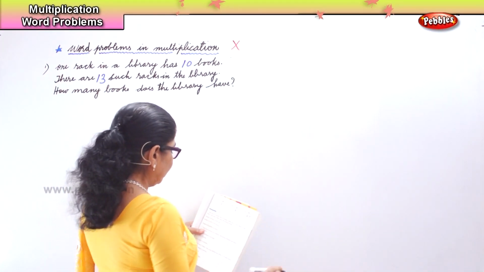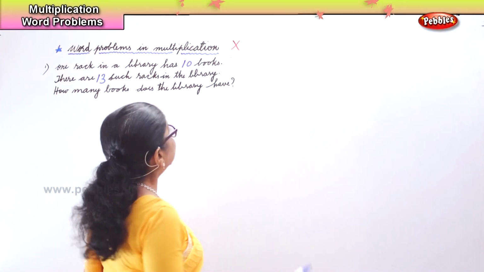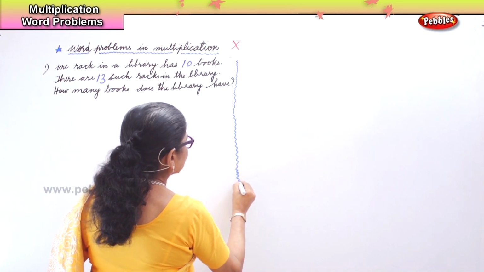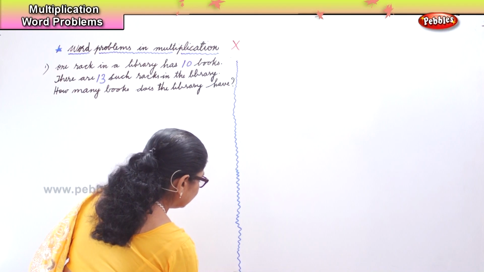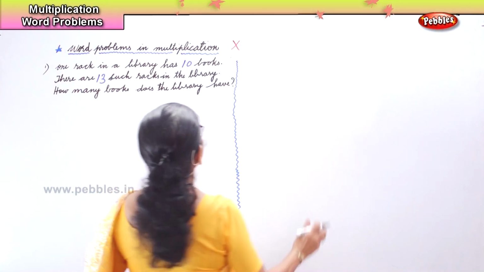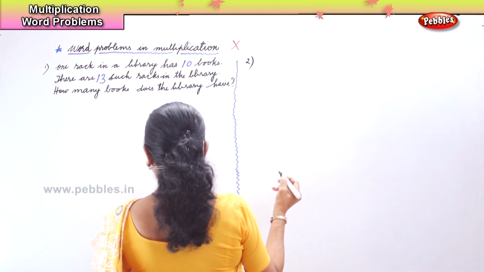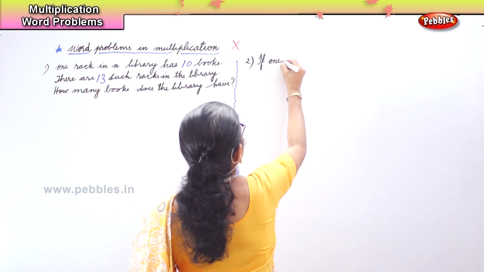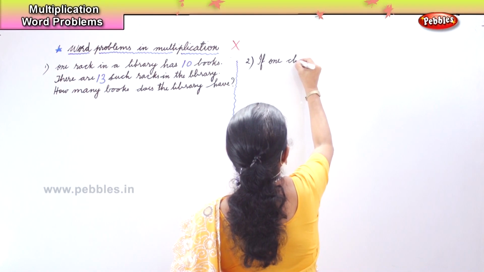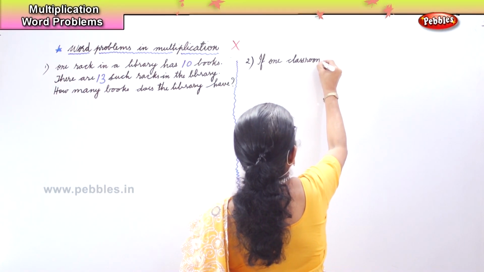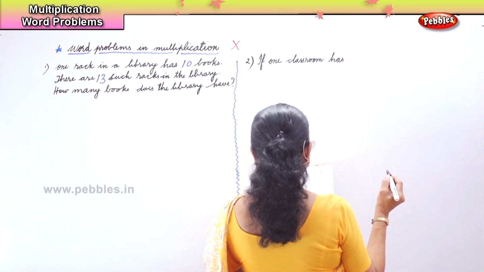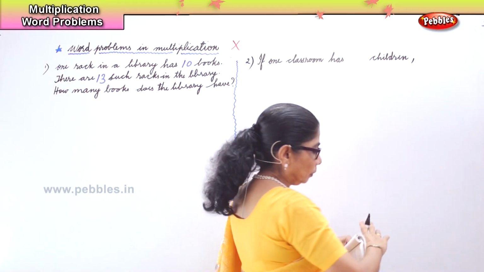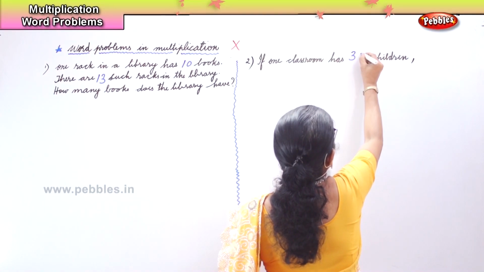Okay, another sum. There are two sums I'm putting up, and the second sum says, one classroom has 32 children.